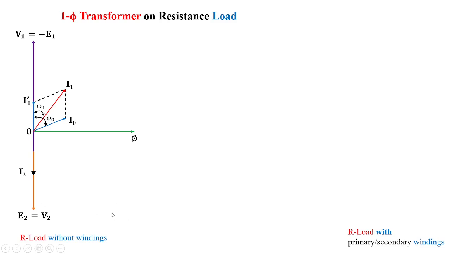So for the R load phasor diagram, without resistance and reactive components in the windings, this is the phasor diagram which we have already obtained. Now we will try to obtain the actual drops included in the transformer primary and secondary.